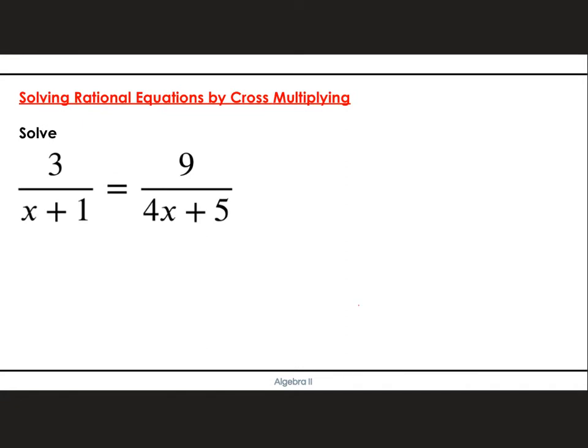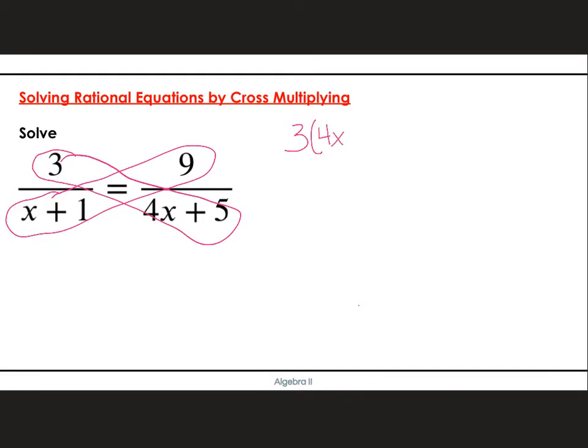I'm going to cross multiply, which means to multiply the numerator of one rational function by the denominator of the other. So that's going to give us 3 times 4x plus 5 is equal to 9 times x plus 1.